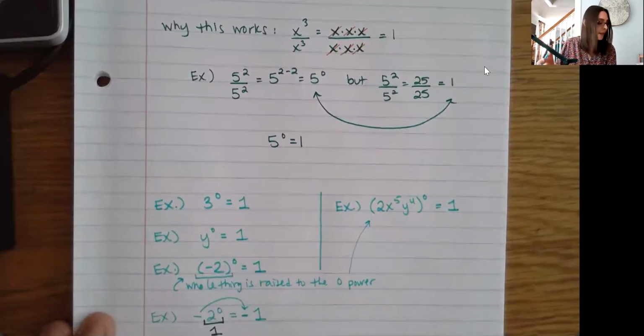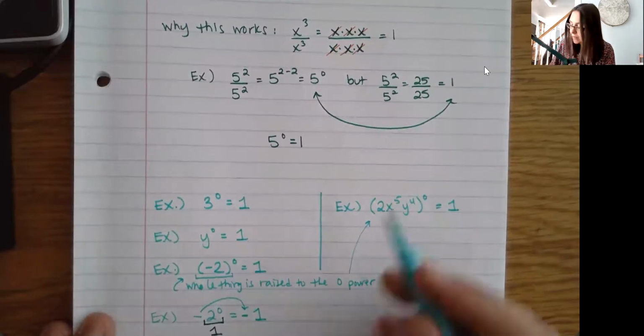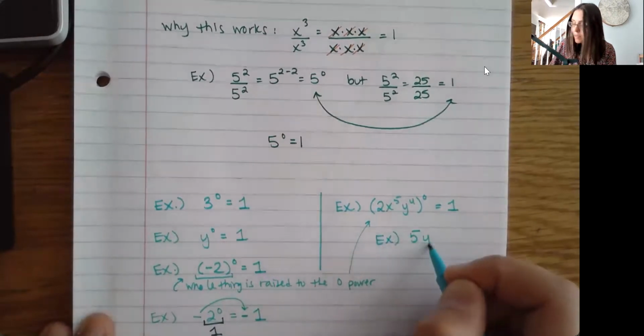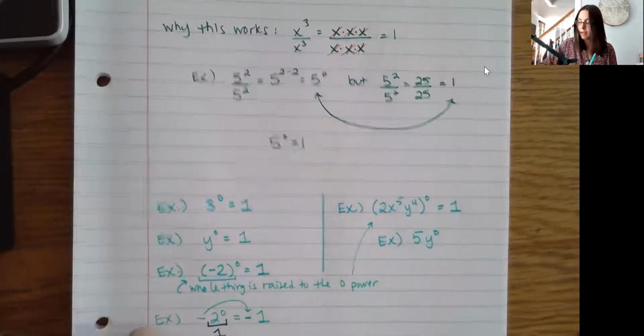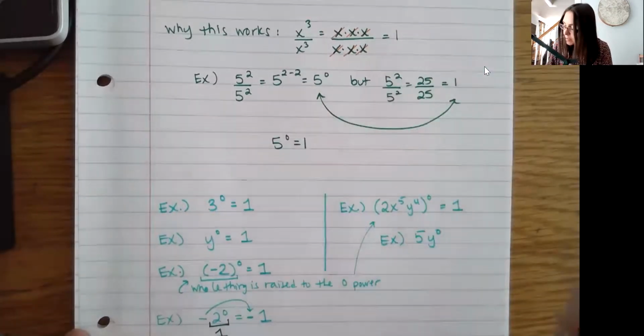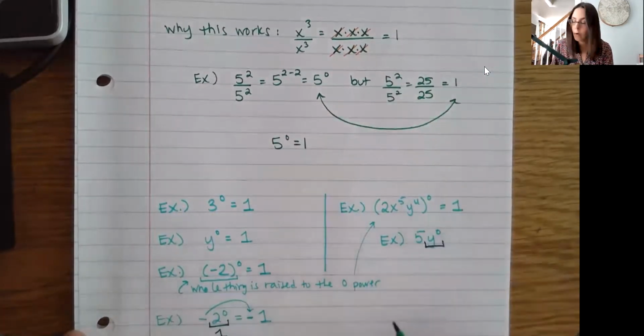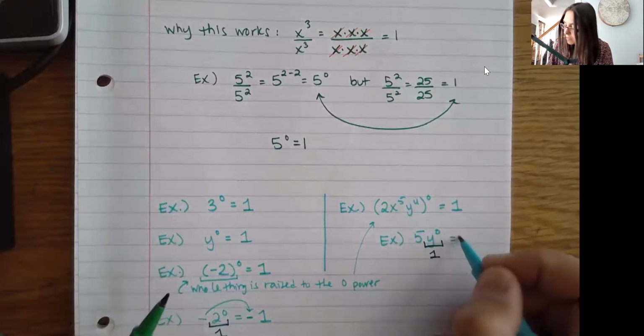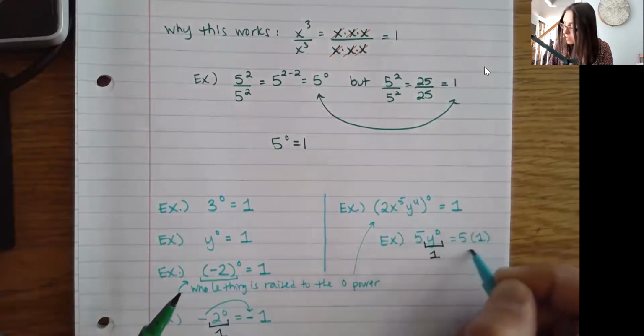But if I have something a little bit different, so maybe I have something like 5y to the 0 power. Now we have to be careful because only the y is to the 0 power. That's 1. So this becomes 5 times 1, which is 5.